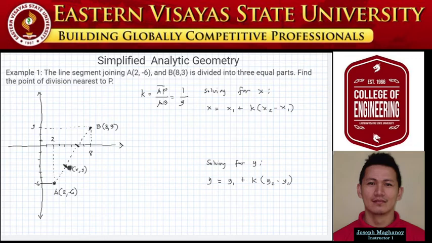Okay, so let's recall our given data. At point A, this is our x sub 1 and y sub 1. This is our x sub 2 and y sub 2. And the value of our k is 1/3. Okay, so let's substitute the values to determine x. For x sub 1, we have 2 plus k, 1/3, times the quantity x sub 2, which is 8, minus x sub 1, 2.